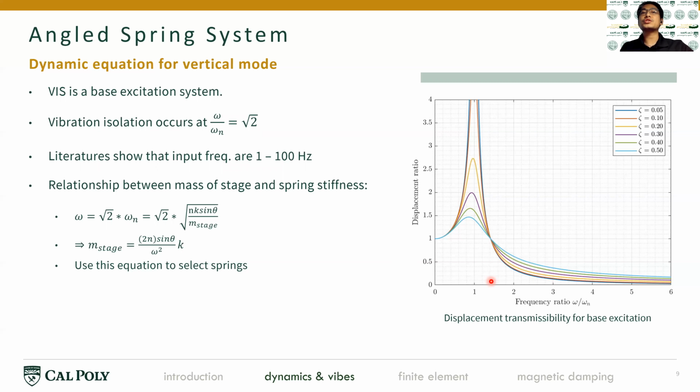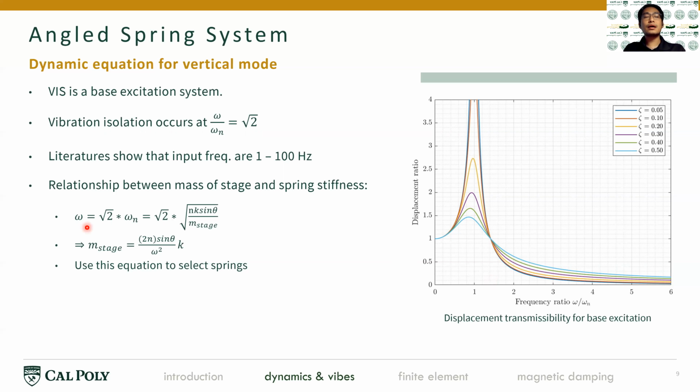And a lot of literature shows that the input frequency from the vibration of the floor, from people walking around, is from 1 to 100 hertz. So we need to design a mass spring system to effectively isolate the input frequencies in this range.